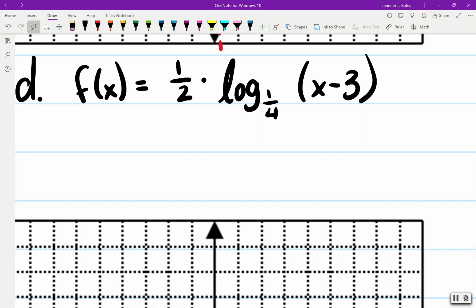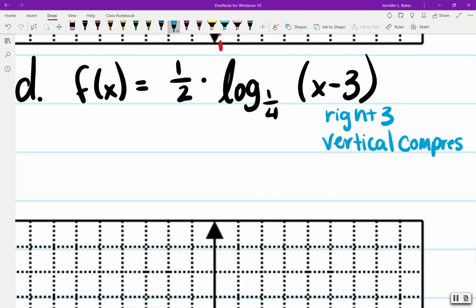So I'm looking at the -3 and I'm thinking it's inside, which is telling me left and right. It's going to do the opposite of what I think, so it's going to go right 3. The 1/2 is outside, which means vertical. Normally, if I multiply a number by 1/2, it gets smaller, so it's going to vertically compress our graph, which means it's going to make our graph shorter.